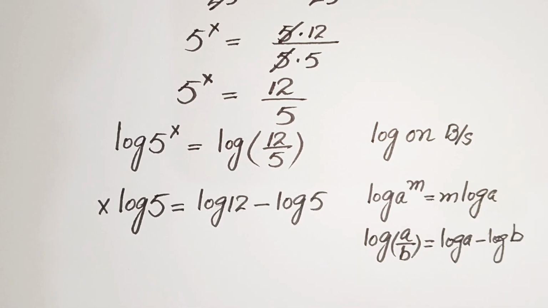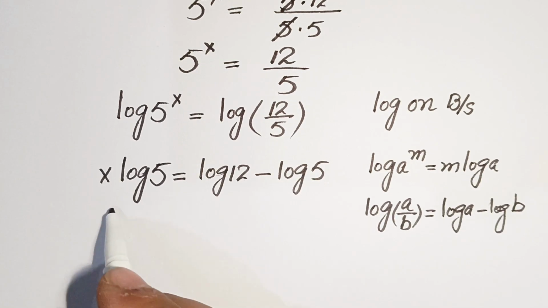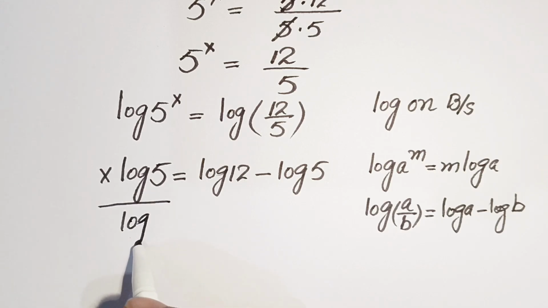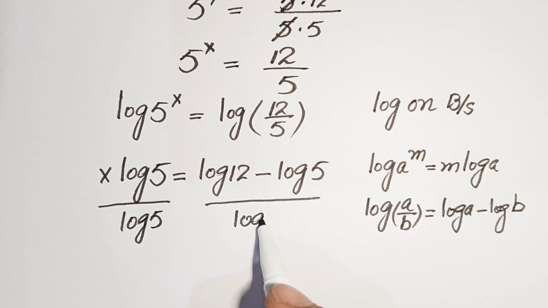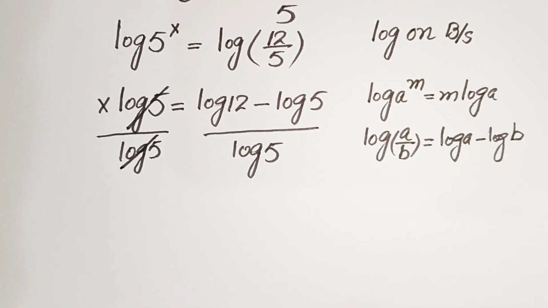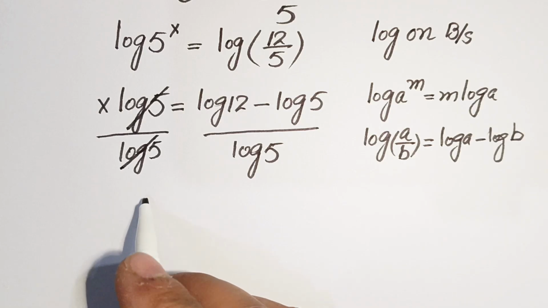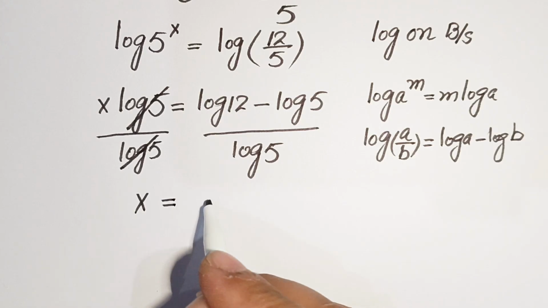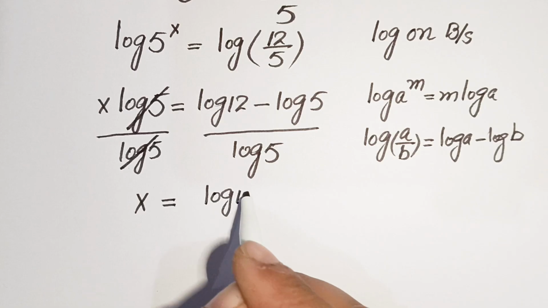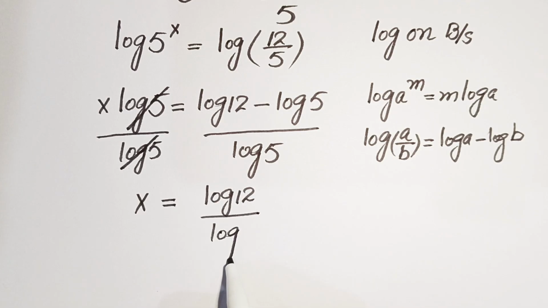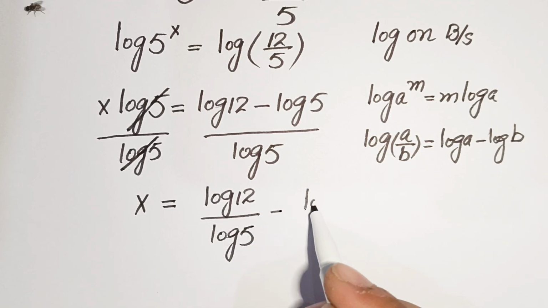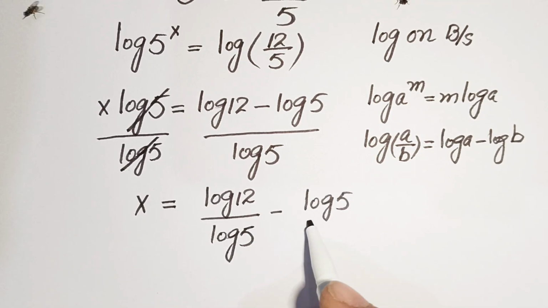So now dividing by log 5 on both sides, on the left hand side log 5 cancels with log 5, then we get x is equal to log 12 over log 5, and if we write the denominator separately, minus log 5 over log 5.